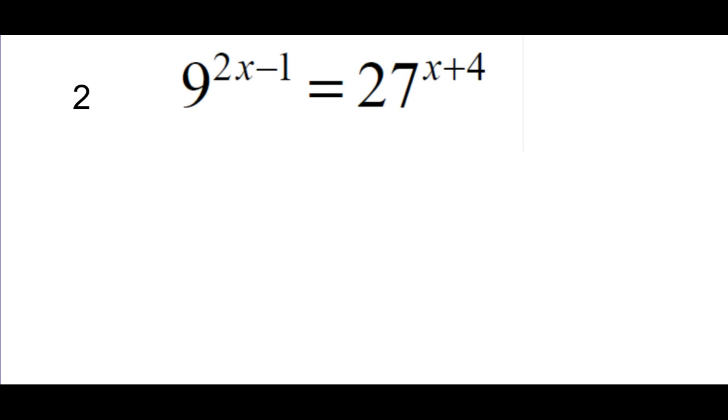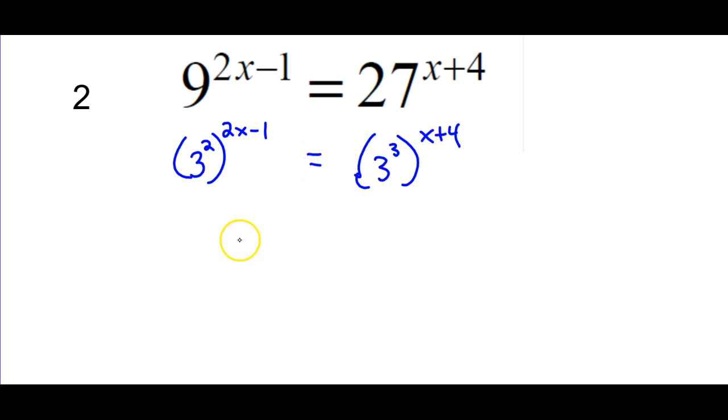Alright, so you should have paused the video and noticed that, hey, 9 is the same thing as 3 squared. So this is like saying 3 squared raised to the 2x minus 1. 27 is the same thing as 3 cubed. And so this is 3 cubed raised to the x plus 4. Multiply those powers there, and you get 3 to the 4x minus 2 is equal to 3 to the 3x plus 12.